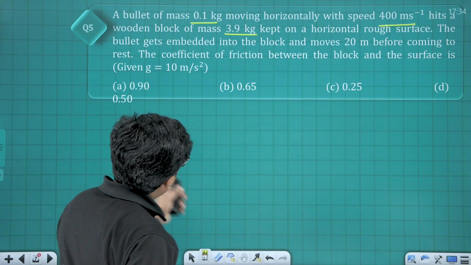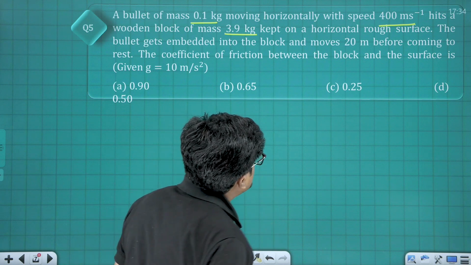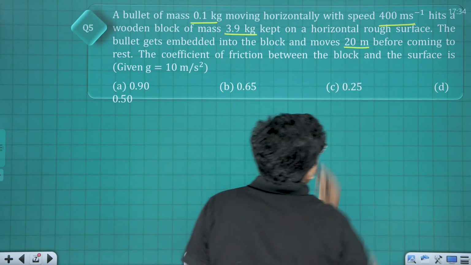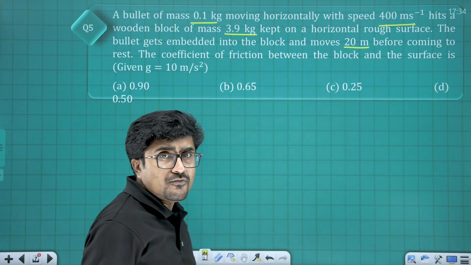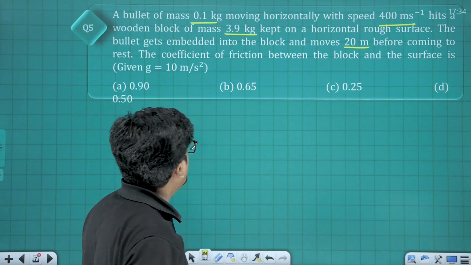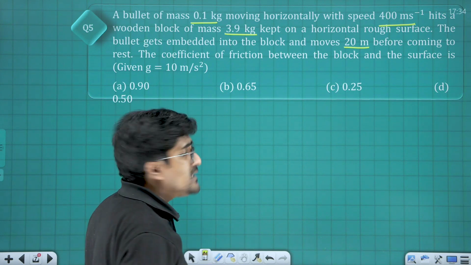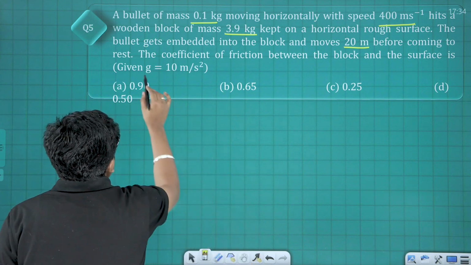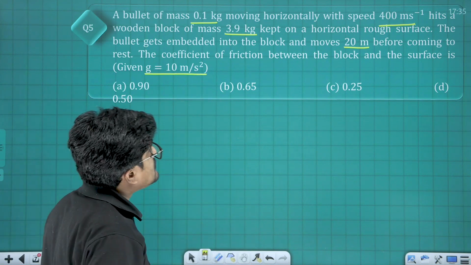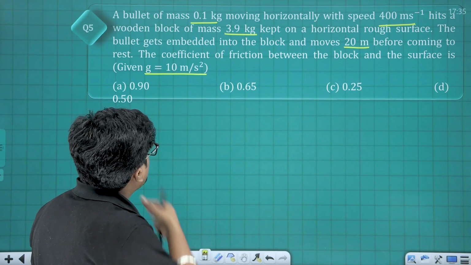The bullet gets embedded into the block and moves 20 meters before coming to a state of rest. Now the coefficient of friction between the block and the surface is, and we need to take g as 10 here.